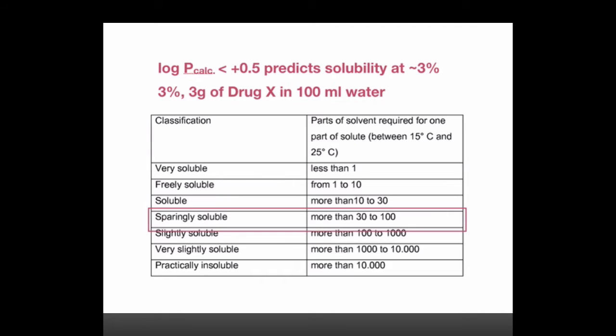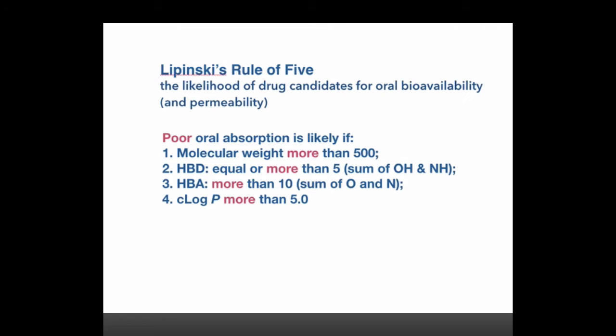And of course, there are other ways to predict solubility using ClogP, and there is a lot of computer software out there to predict solubility using the ClogP. Now, on the other hand, Lipinski's rule of 5 is the rule of thumb for scientists and medicinal chemists to predict the overall oral bioavailability of a drug candidate, especially at the lead molecule stage.